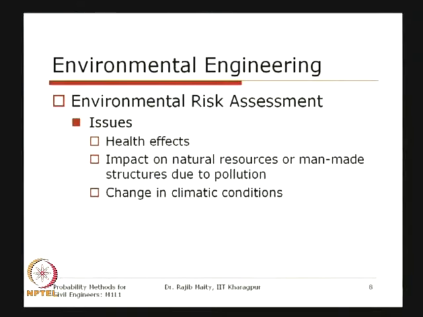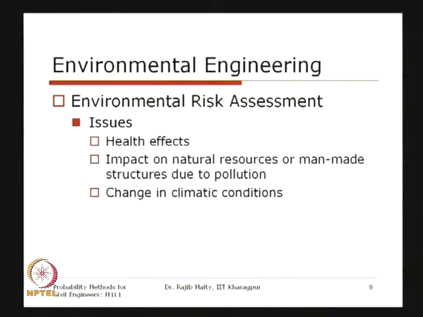How can probability help? If there is some change, we are not very sure about the outcome, particularly in the climatic conditions. So a probabilistic prediction, a kind of uncertainty quantification of the particular outcome depending on the changed condition, can be done through uncertainty quantification.